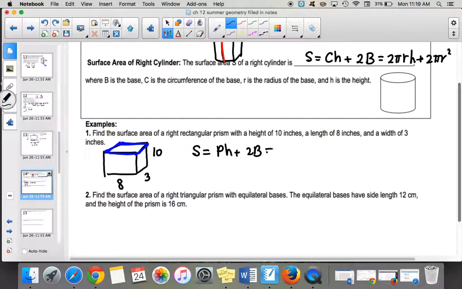So we get 22. The height is 10. That was this distance here. And then we have plus 2, and then the area of the base is 8 times 3. So we end up getting 220 plus 48, so we get 268. Our units, since it's an area, would be inches squared.